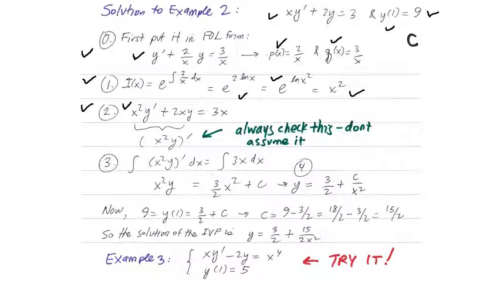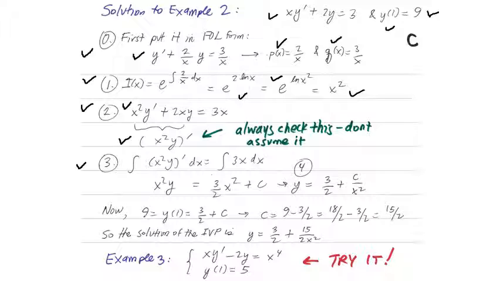And if we did everything correctly, we should have the derivative of a product on the left-hand side. You always want to check that and make sure that it is. If that doesn't happen, then that tells you you did something wrong earlier in the problem. So we seem to be okay here, so we can go ahead then, just as we've been doing in the other examples, integrate both sides.